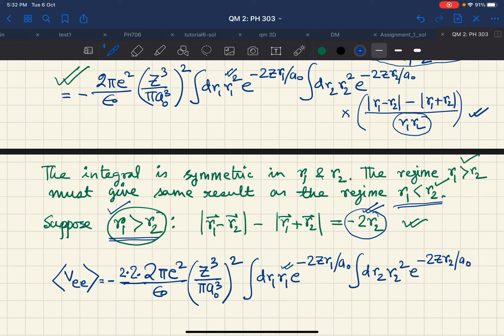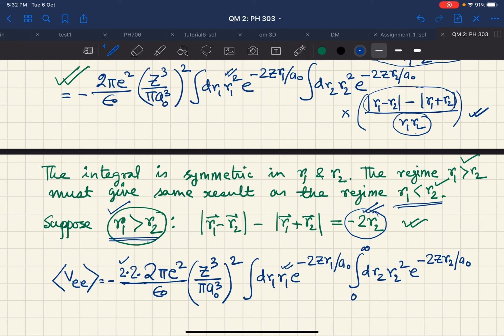And from this |r1 minus r2| minus |r1 plus r2|, we get the result minus 2 r2 in the regime r1 greater than r2. So that r2 gets cancelled here. Only this 2 remains here. What about the limits? Now R2 in principle can run from 0 to infinity. It's a radial coordinate.